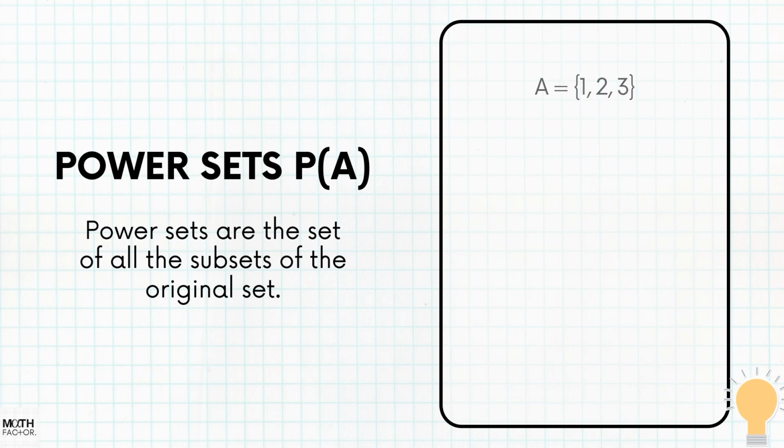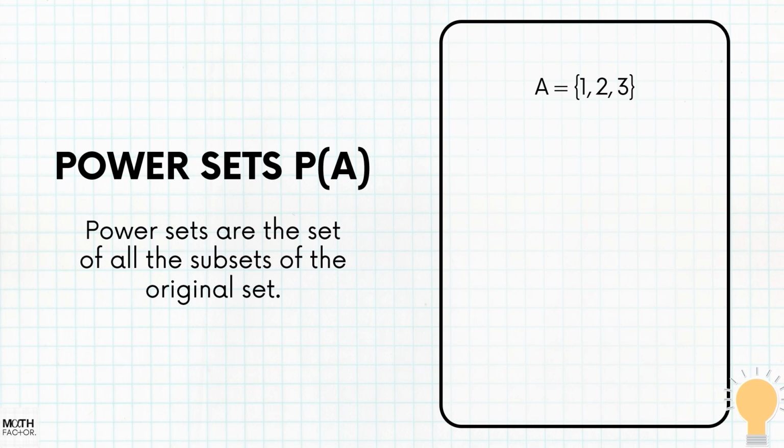For example, we have the set A with elements 1, 2, and 3. The trick in getting power sets is to first identify the subsets containing one element, followed by the subsets with two elements, and so on until we reach the subset equal to itself. And lastly, the empty set.